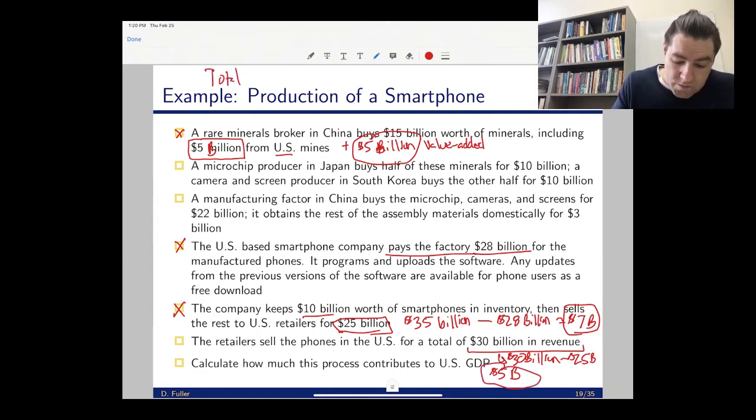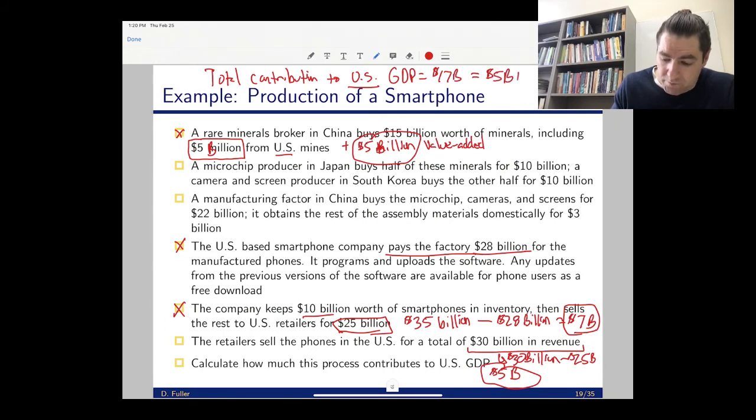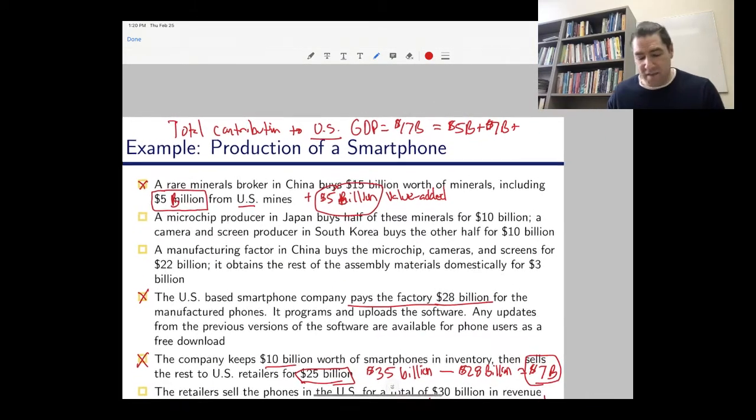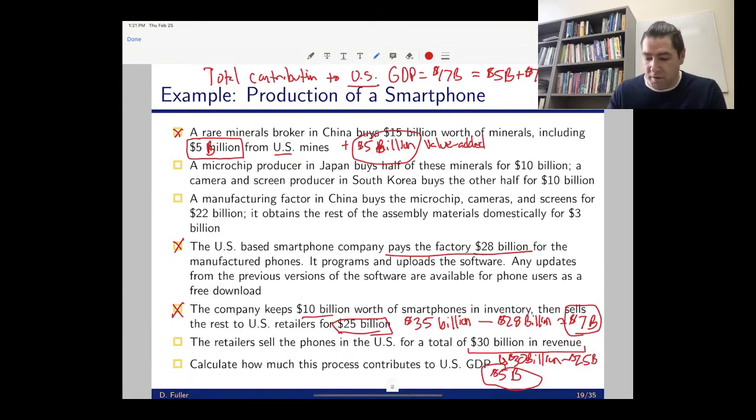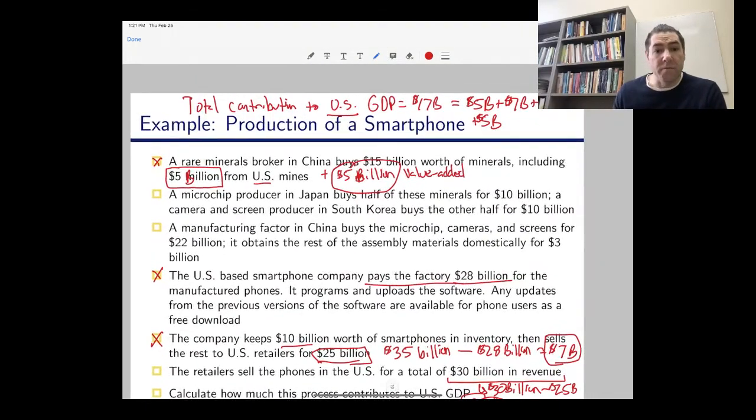So the total contribution to US GDP is $17 billion. 5 billion for the minerals, 7 billion for the smartphone company, and then 5 billion from the retailers. Gives me 17 billion.